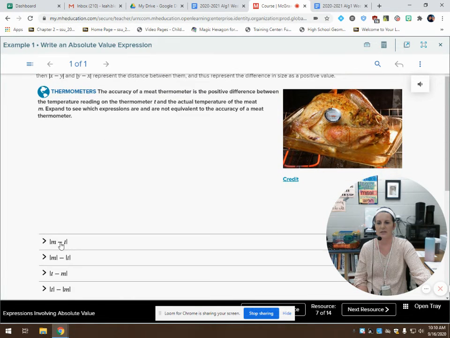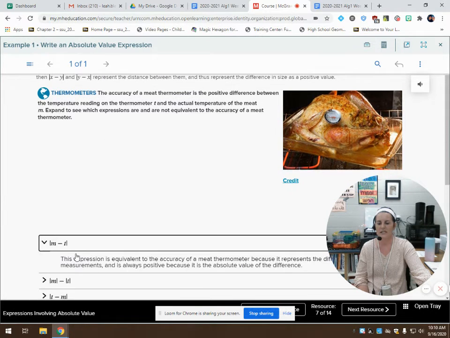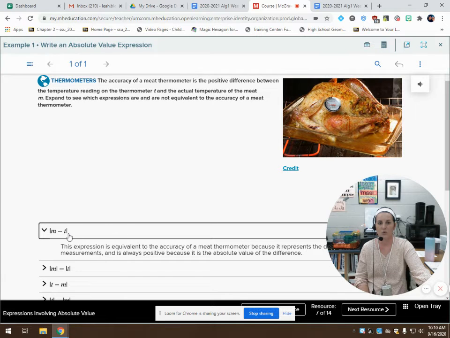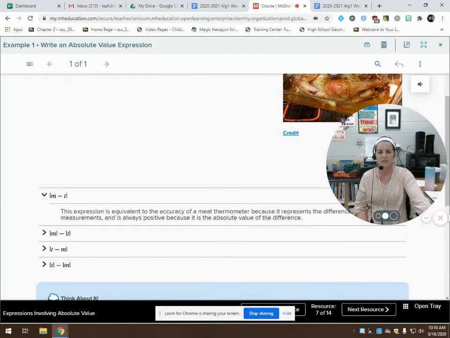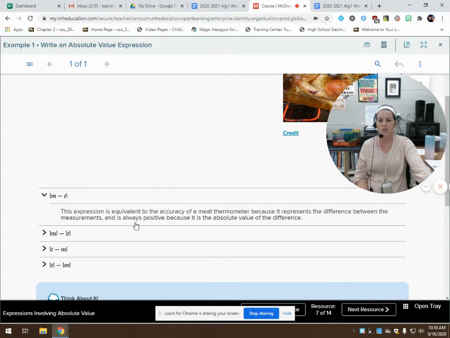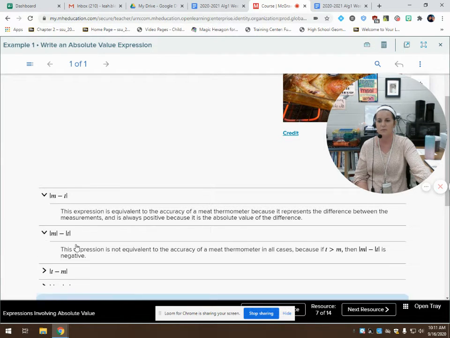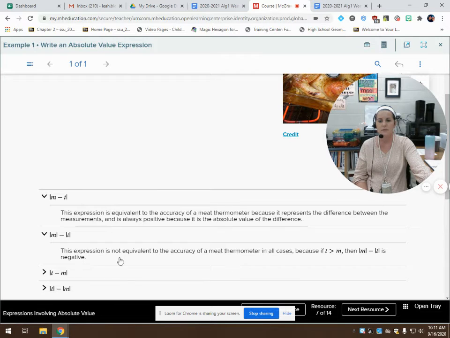So we've got the temperature of the meat minus the temperature reading on the thermometer, so meat minus thermometer. This expression is equivalent because it represents the difference between the measurements and is always positive because it's the absolute value. This one is not equivalent because we could take this and get a positive value or a negative.